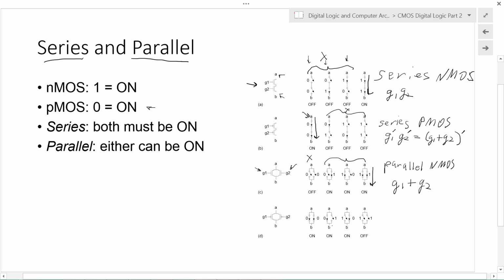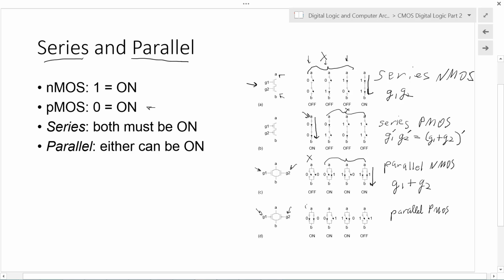So if we look at parallel PMOS now, here we're going to see a connection if and only if we have G1 equal to 0, or G2 equal to 0, or both.